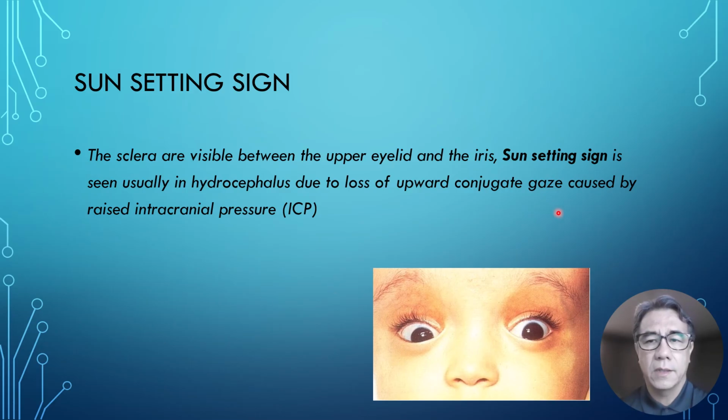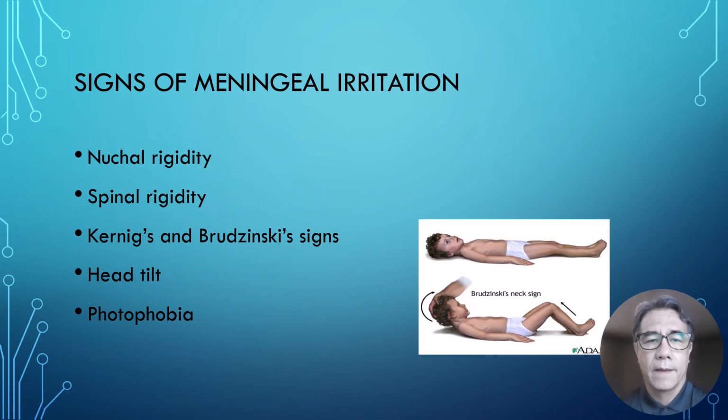So the sun-setting sign is usually seen in patients with progressive hydrocephalus due to the loss of upward conjugate gaze caused by increased intracranial pressure. And these are all well-known signs of meningeal irritation: nuchal rigidity, spinal rigidity, Koenig's, Brzezinski's, head tilt, and photophobia.